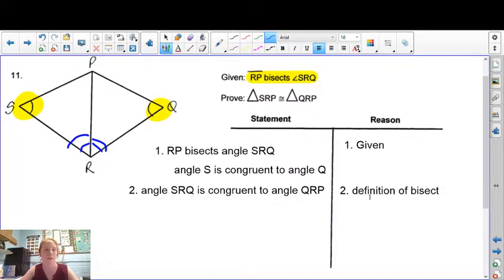All right, I need an angle, and a side. So I see I have an angle, I see I have an angle, I need a side. Now the side has to be something that's not in between the two of them. So our two choices are S to P and Q to P, or R to P and R to P.